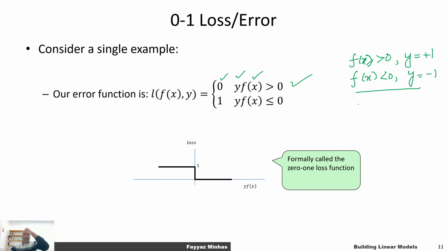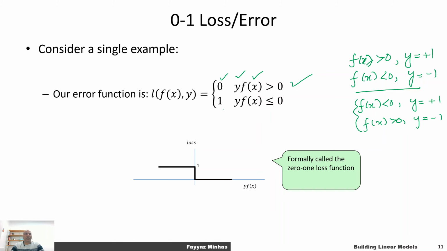The other part is when we do have an error. So we have an error whenever f of x is less than 0, but the corresponding label is plus 1. And we have an error when we have f of x greater than 0, but y is equal to minus 1. So whenever that happens, we have an error.